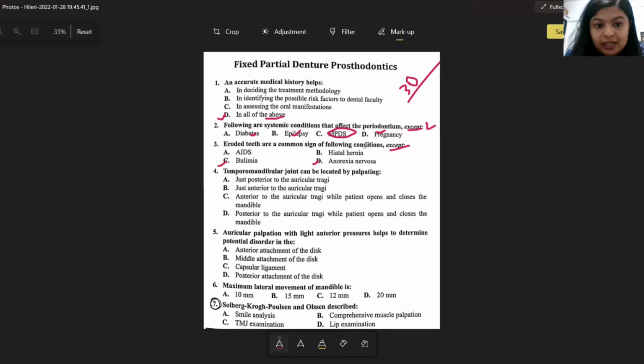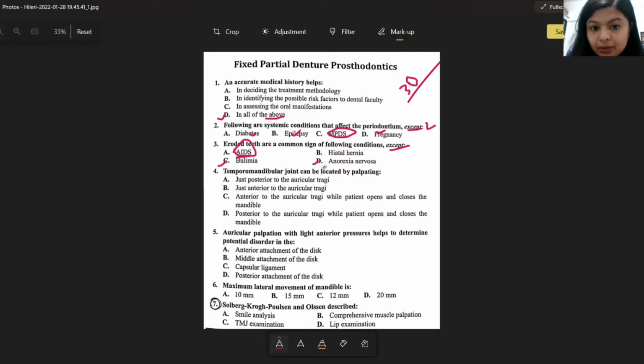The chances are very low. But if I think for more time, my common sense tells me that AIDS is related to immune deficiency. Compared to hiatal hernia, this is a good option to select as not containing eroded teeth, and it is the right answer as well.